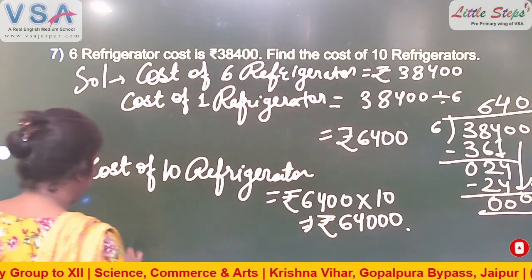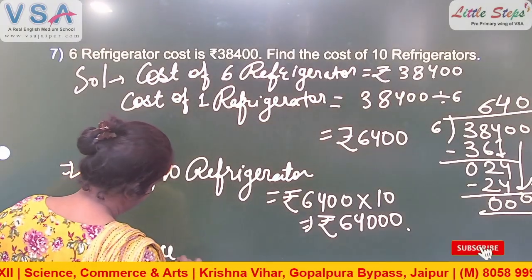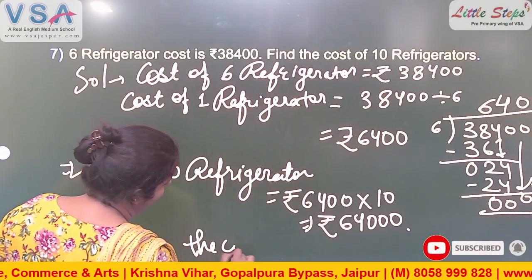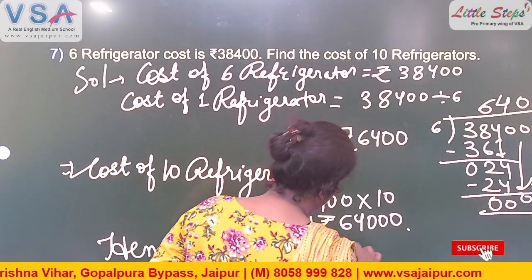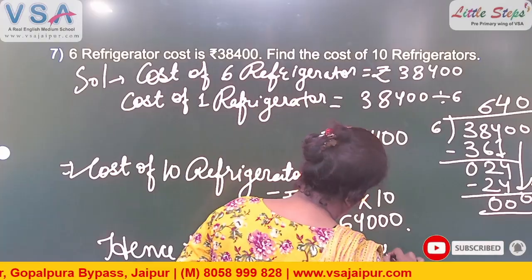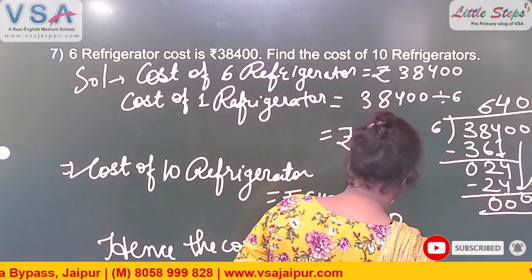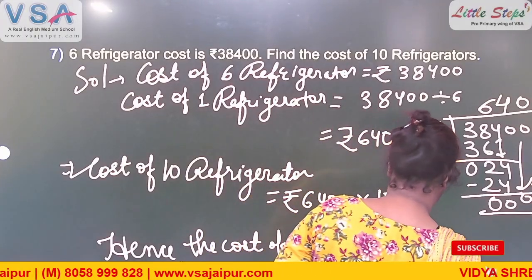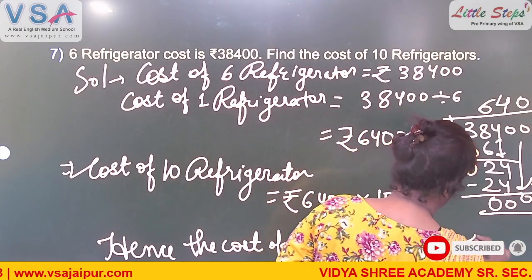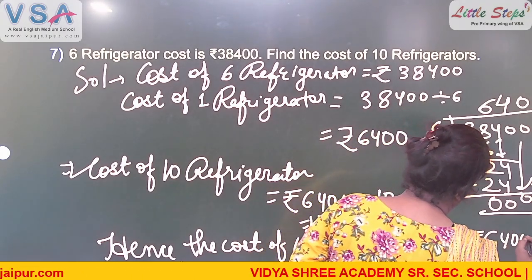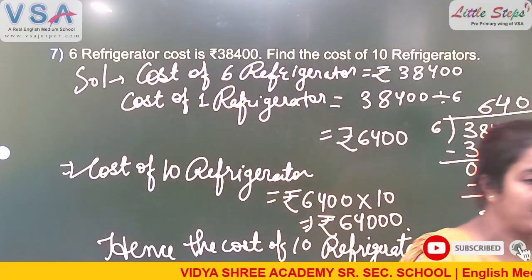So write the answer: the cost of 10 refrigerators is 64,000. Okay, this question is complete.